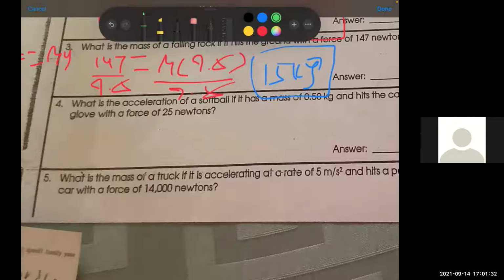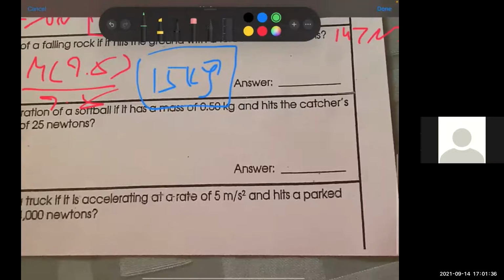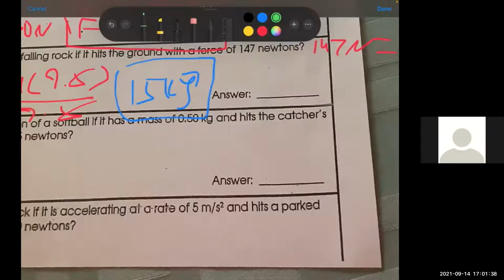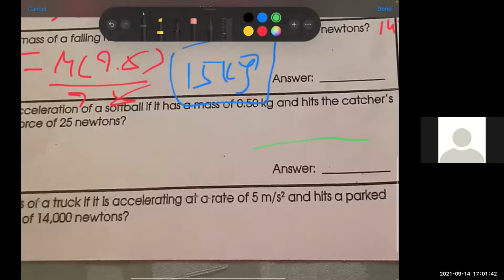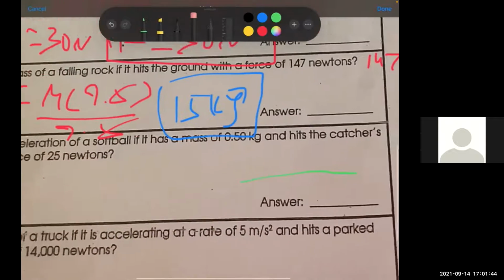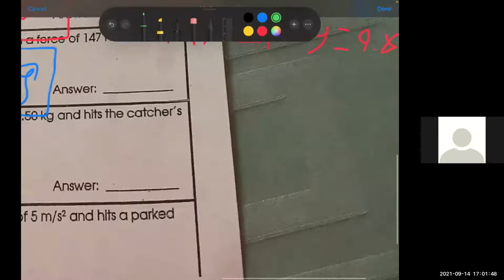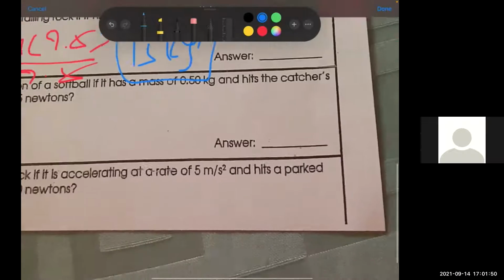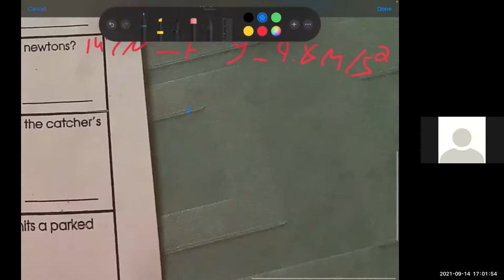Okay. What is the acceleration of the softball if it has a mass of 0.50 and hits a catcher's glove with a force of 25 newtons? Okay, so the softball has 0.50 kilograms.